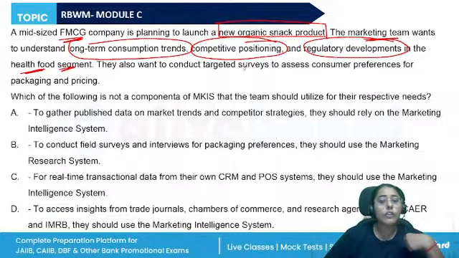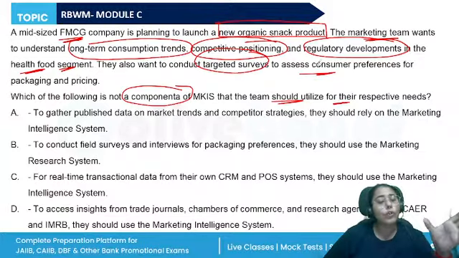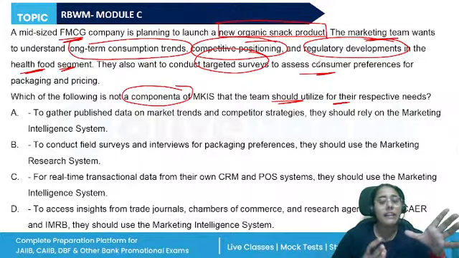They also want to conduct targeted surveys to assess the consumer preferences. Which of the following will not be a component of MKIS that the team should utilize? So, what are their needs?